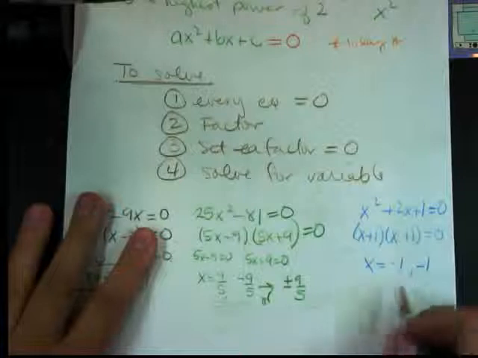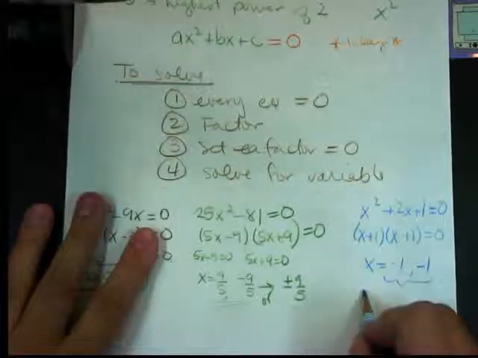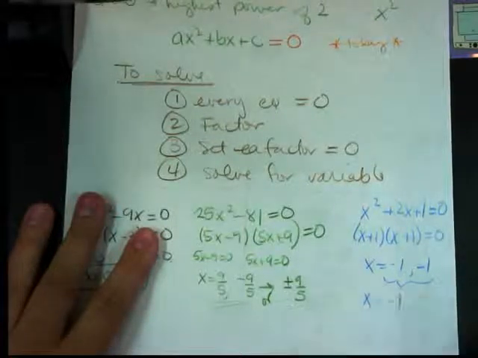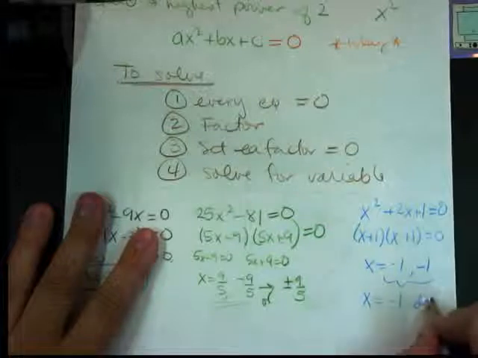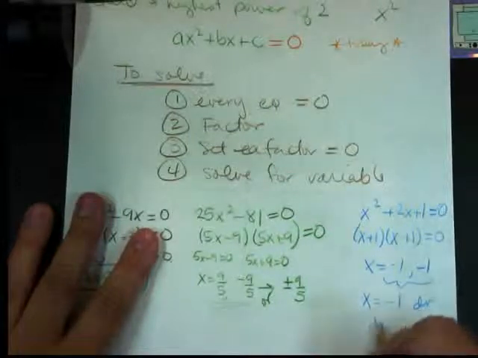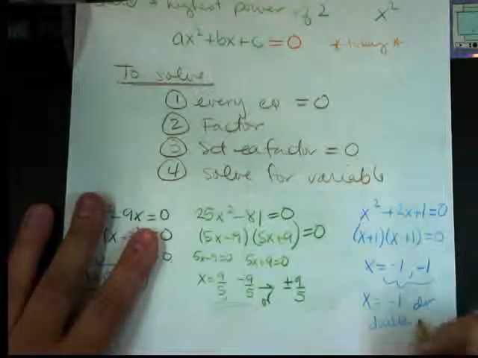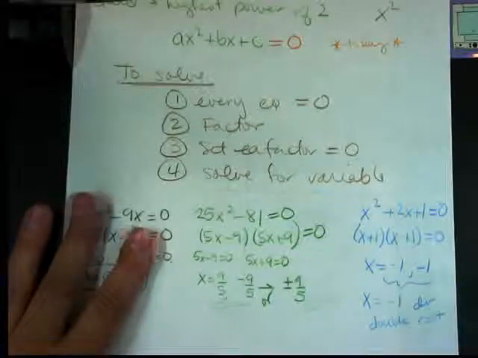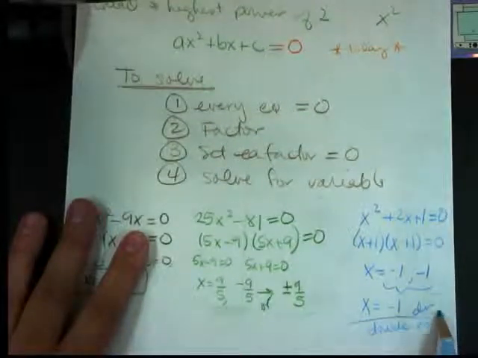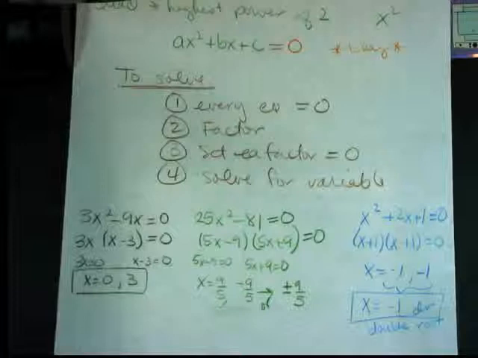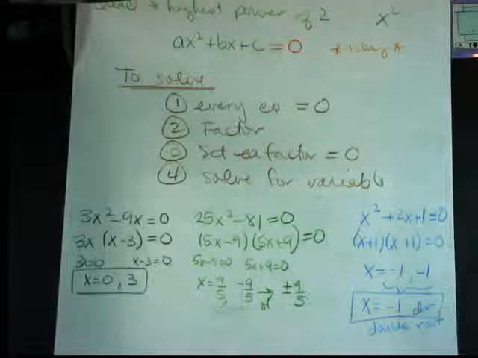What we would say is that this is actually -1 dr, where dr stands for double root. This tells me, dr tells me it happened twice. It tells me it came from two factors that were the same.